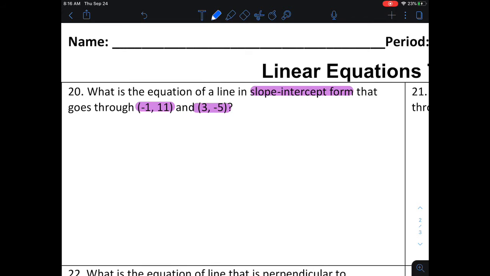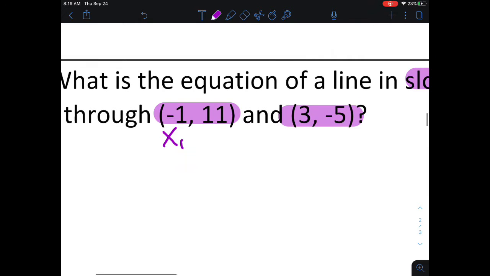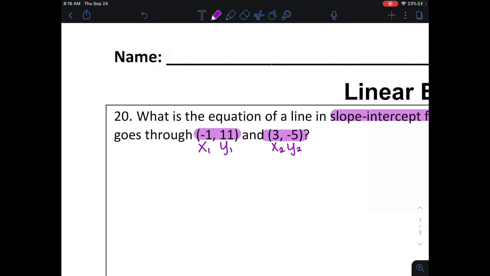So let's go ahead and do what we do. All right, so of course this is x1, zoom in, there we go. x1, y1, x2, y2. All right, so now let me see what else we got. That's all we have.